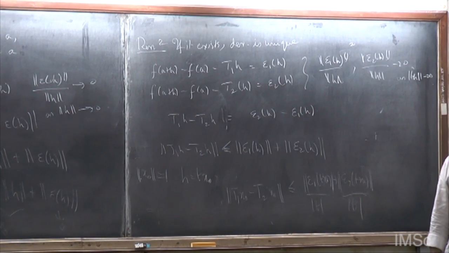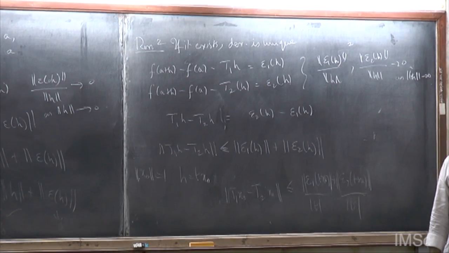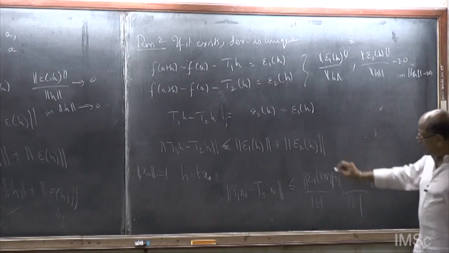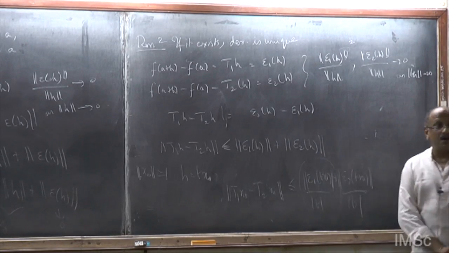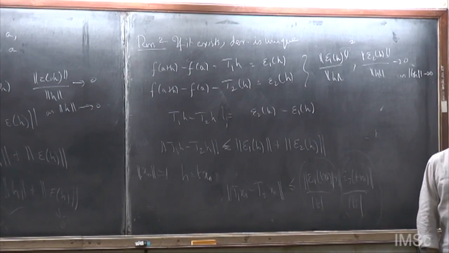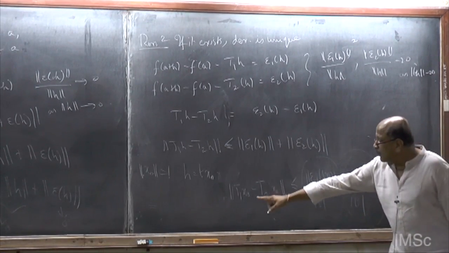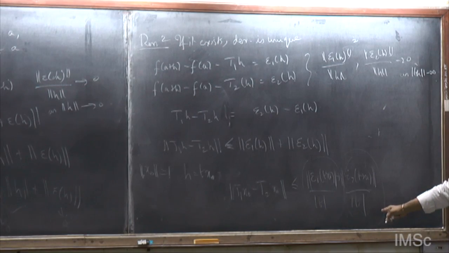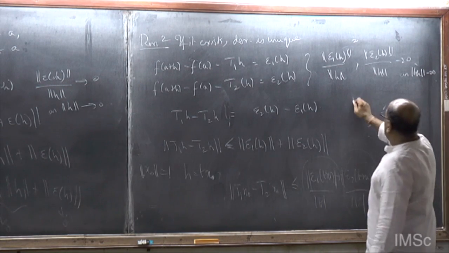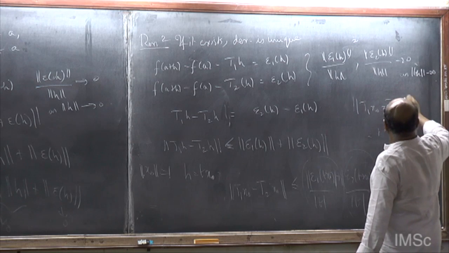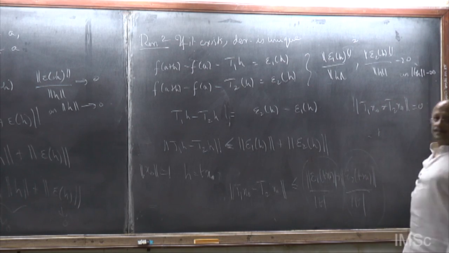Now, what should I do? I should let t go to 0. If t goes to 0, this will go to 0, this will also go to 0. That means T1 of x naught, this is independent of t, is less than something which goes to 0, and therefore, norm of T1 x naught minus T2 x naught equals 0.